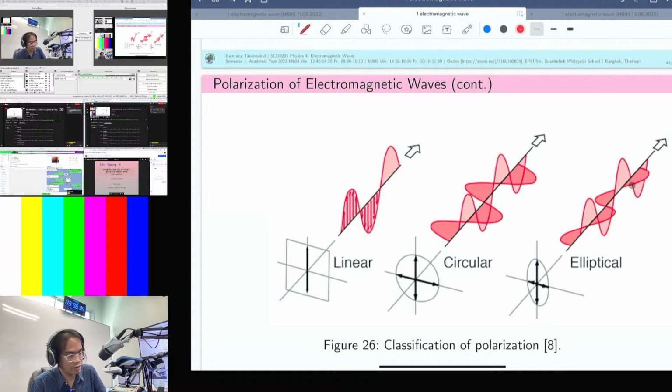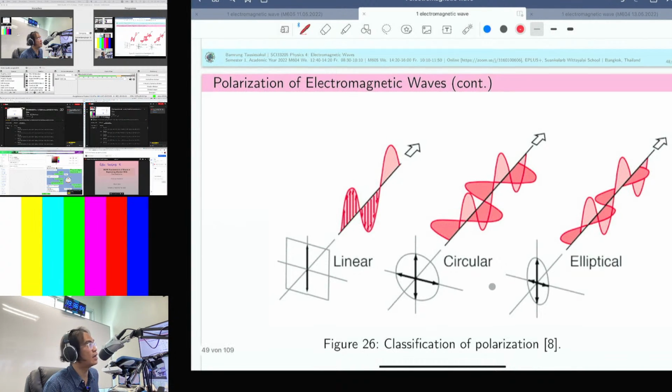Right-hand rotation, and what you can observe of the E field by eye is that it will give you the elliptical shape like this. Okay, and these are three types of polarization that you may have seen during this class.